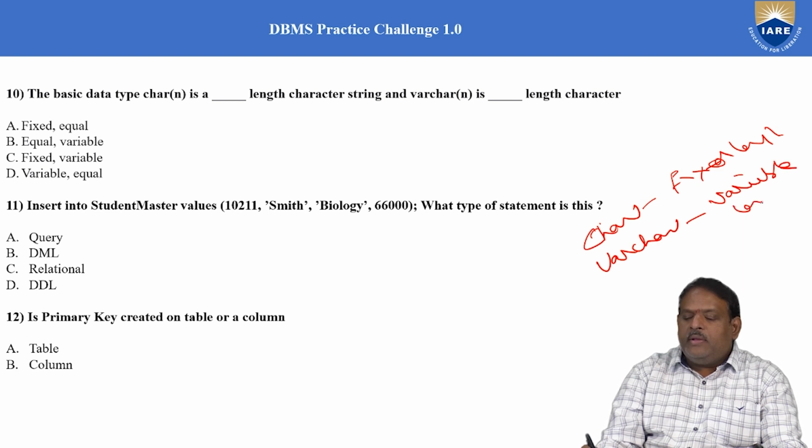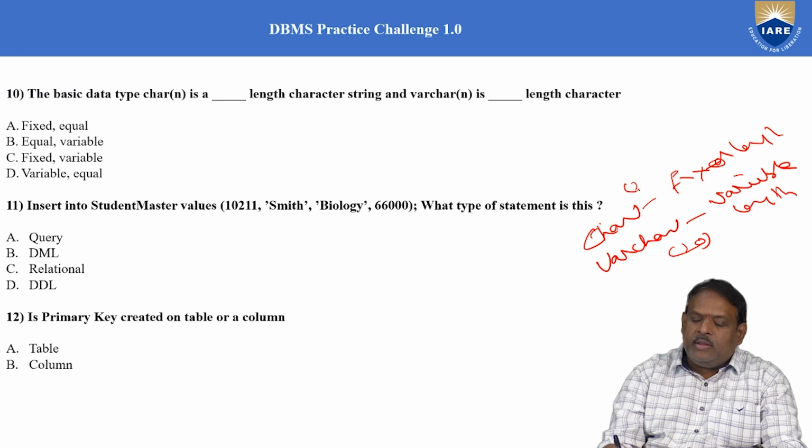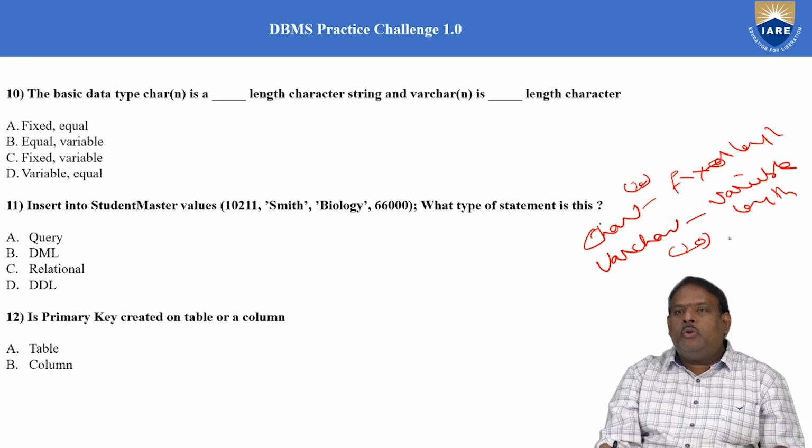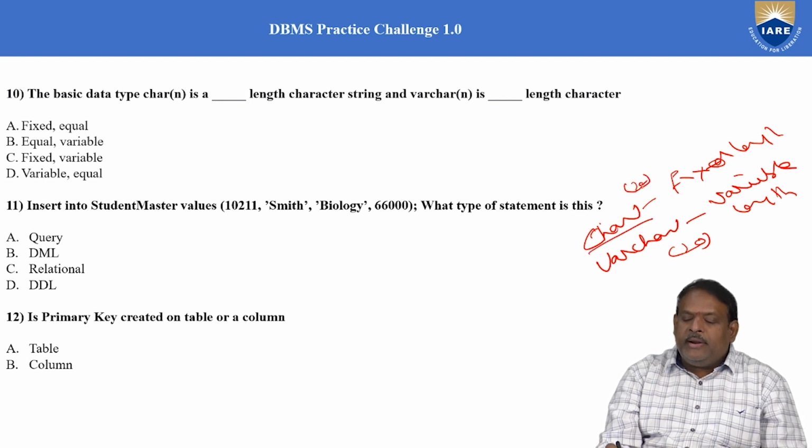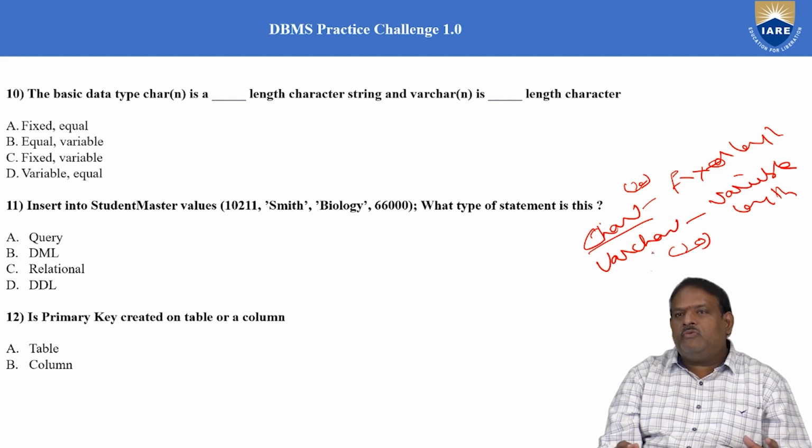That means even though you mention a size of 20, as in char(20), whether you use it or not, the 20 bytes of memory are used. But in the case of varchar, it is variable. If you use 5, it will consume only 5, and the remaining 15 are released.